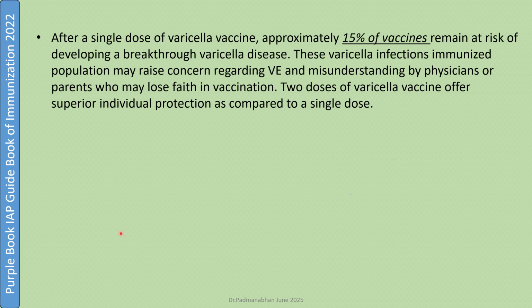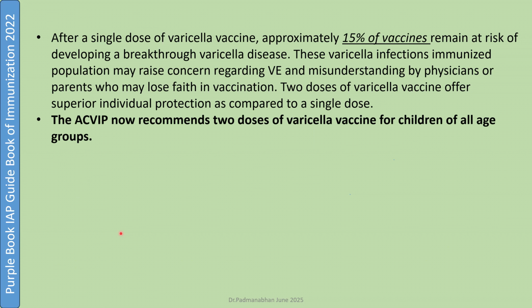Okay, read it. After a single dose of varicella vaccine, approximately 15% of vaccinees remain at risk of developing breakthrough varicella disease. These varicella infections in the immunized population may raise concern regarding varicella encephalitis and misunderstanding by physicians or parents, who may lose faith in vaccination. 2 doses of varicella vaccine offer superior individual protection as compared to a single dose.